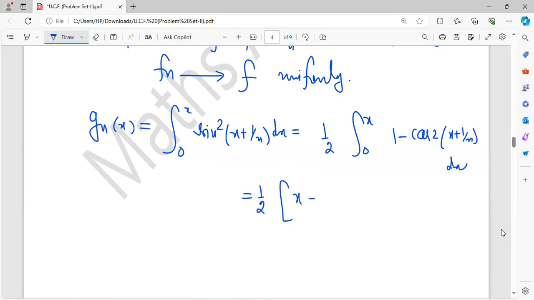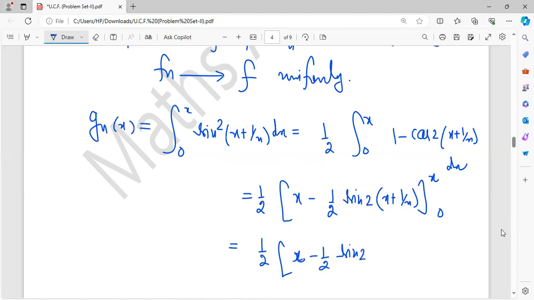This is x, and this is 1 by 2 sine 2(x plus 1 by n), from 0 to x. So when I put x it will be x minus 1 by 2 sine 2(x plus 1 by n), and when I put 0 it will be plus 1 by 2 sine 2 by n.